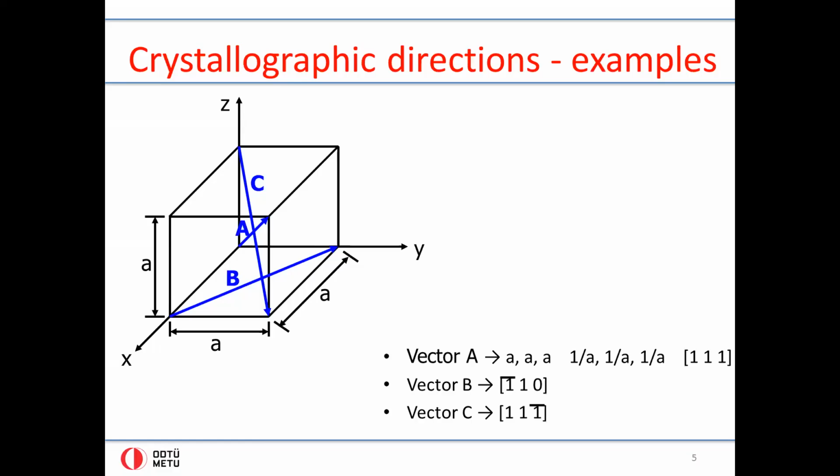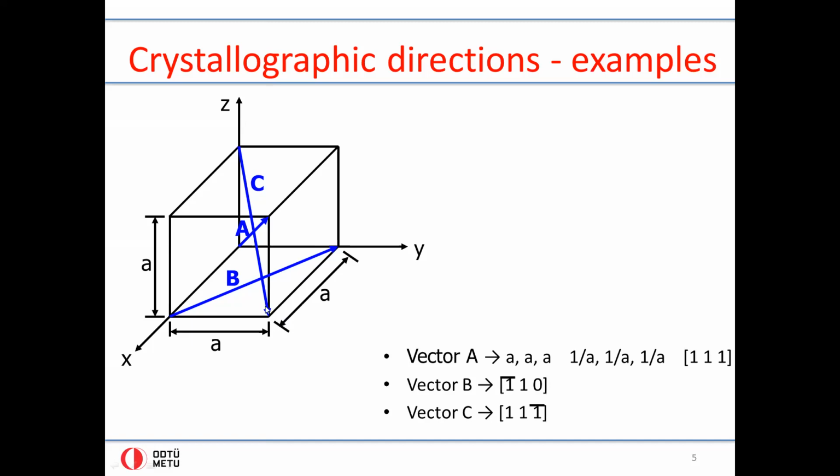So then the vector C. This moves 1 times A in the negative x direction, so minus 1 times A, 1 times A in the y direction, and no movement along the z axis. So for vector C, you see that there is movement along the x, y, and z axes.